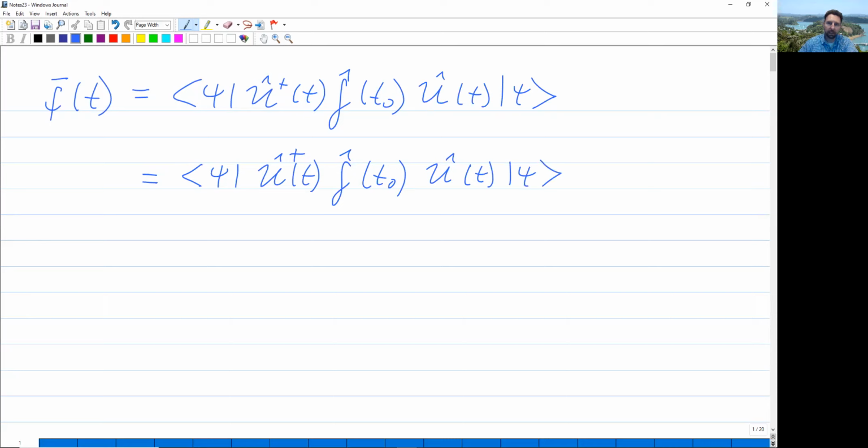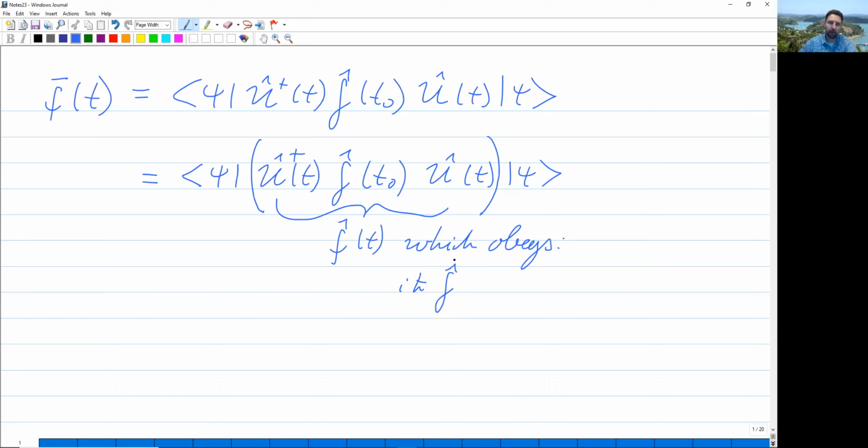So we bracket like this, and we say that this is f hat of t, and it obeys the Heisenberg equation of motion, which is that i h bar f hat dot of t is equal to the commutator of f hat of t with the Heisenberg Hamiltonian. And this is the Heisenberg picture.